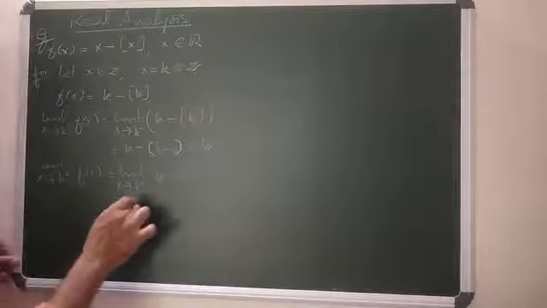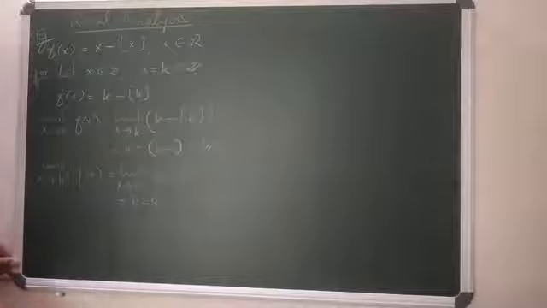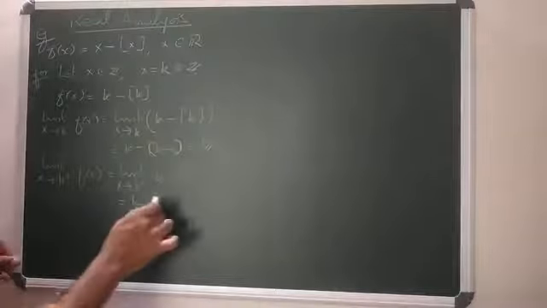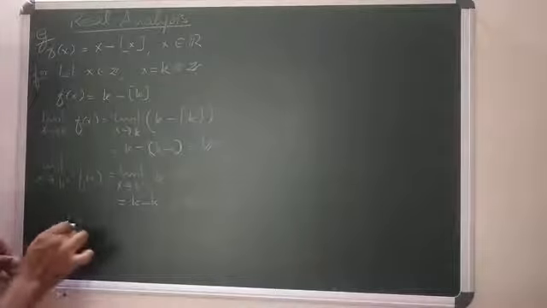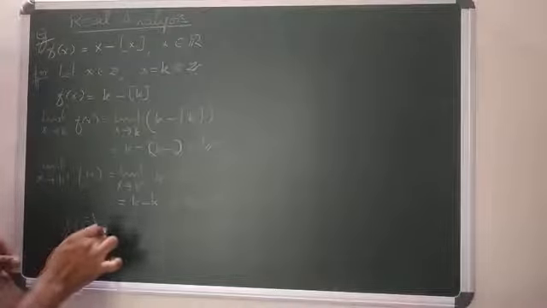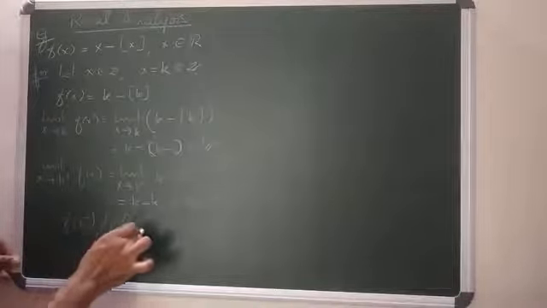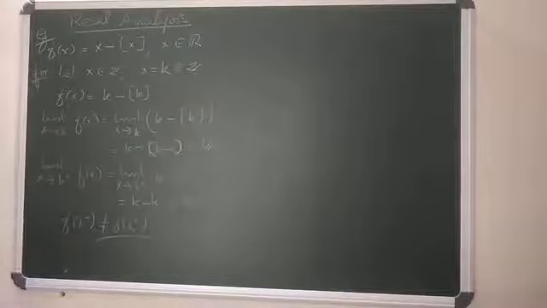So the respective integer is k itself. So it is k minus k, which equals 0. This means f of k minus differs from f of k plus, so the function is discontinuous. It has a removable discontinuity, that is, a discontinuity of first kind.